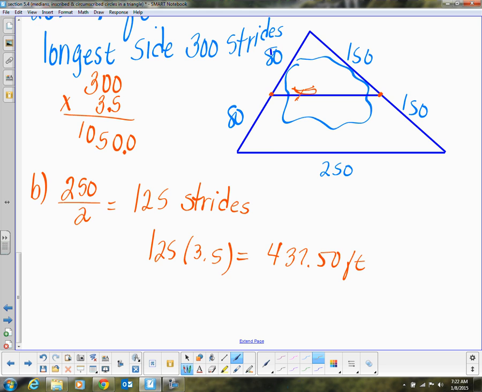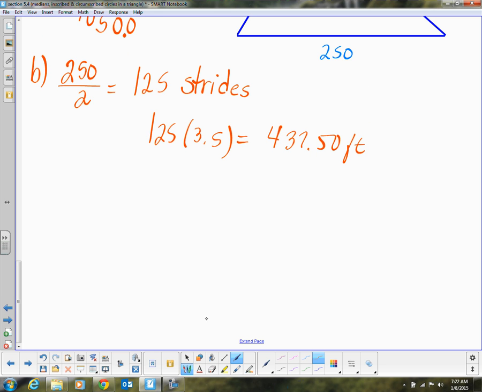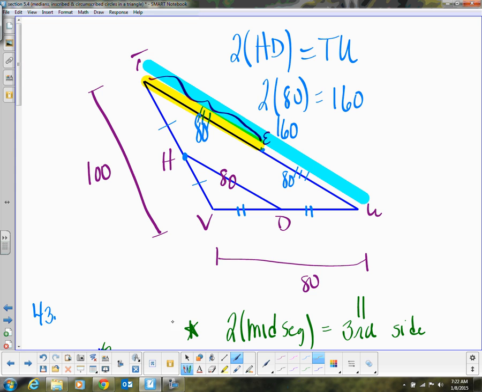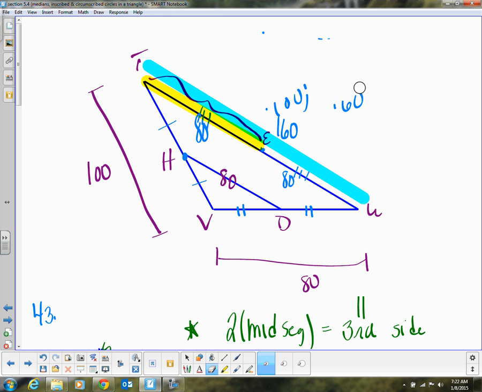Find HE. Okay. Let me go back up to the top because I think I had that picture. So now what we want is HE. I have to put HE in. So I'm going to draw HE in, and when I do that, I am not going to need this segment.